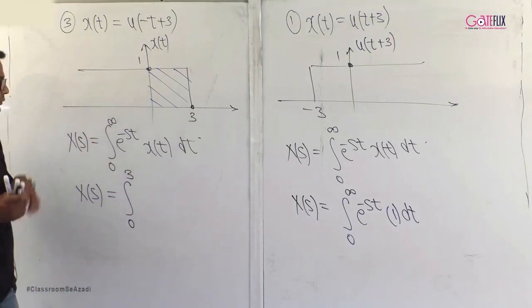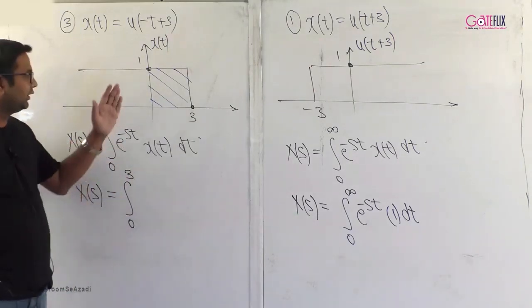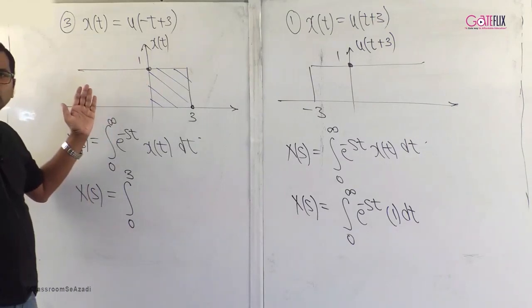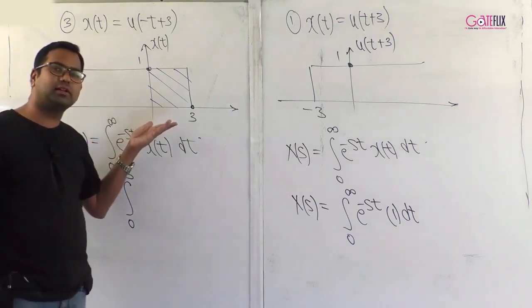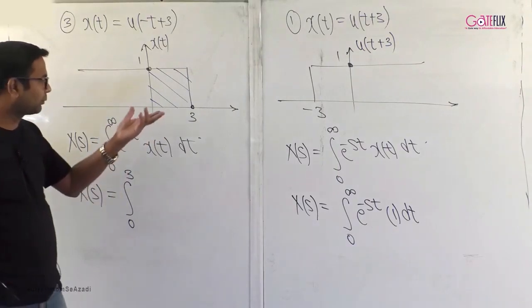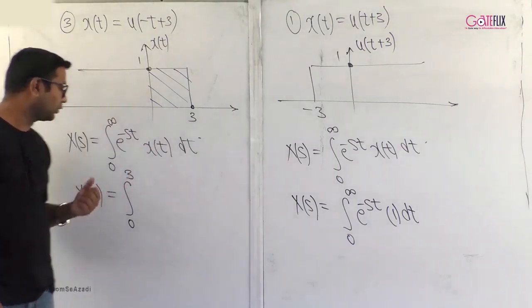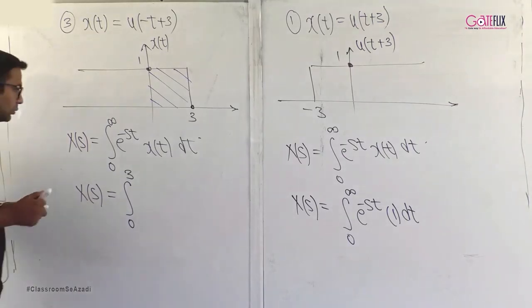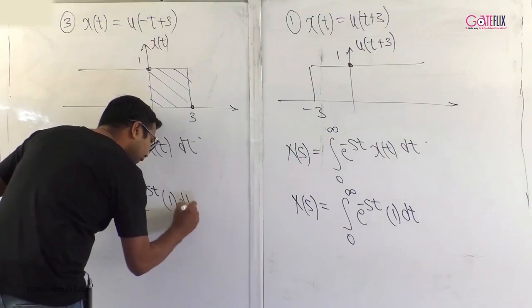I would again repeat, in unilateral Laplace transform, we do not consider the negative side of the signal. We do not consider the signal that exists for negative time. We consider only that portion of the signal which is present for positive time. As you can observe, for positive time, the signal is present only from 0 to 3. Therefore, we will take the integration from 0 to 3. E raised to minus st into 1 into dt.